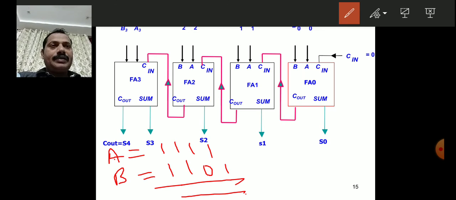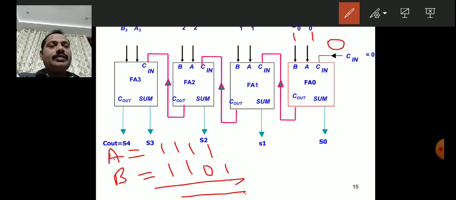For this, if you apply A0 B0 1 1 here, initial carry is 0 here. So 1 plus 1 plus 0 is 1 0.